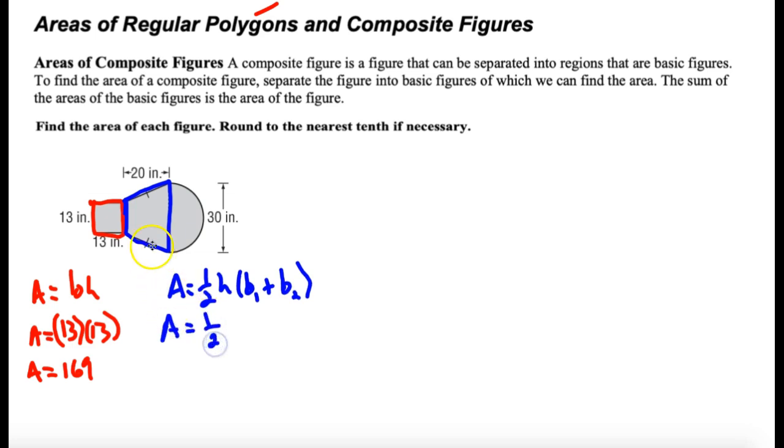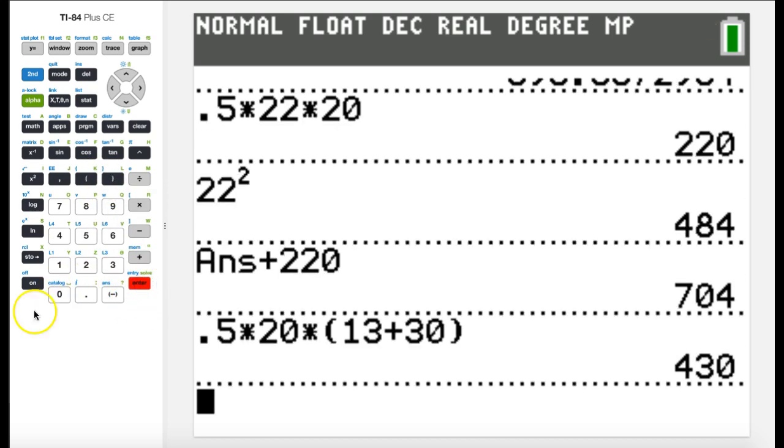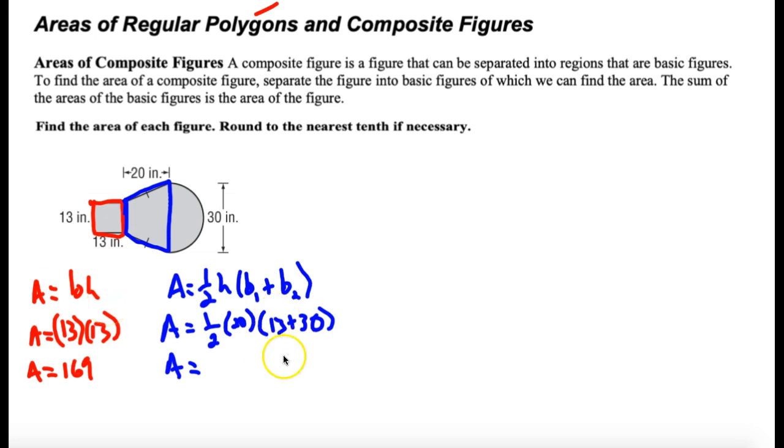Remember the bases are the 2 parallel sides. So my bases are going to be 13 and 30, and the height is 20. So this will be 1/2 times 20 times 13 plus 30. We can just plug that whole thing into the calculator: 0.5 times 20 times 13 plus 30. We get 430 for the area of that trapezoid.